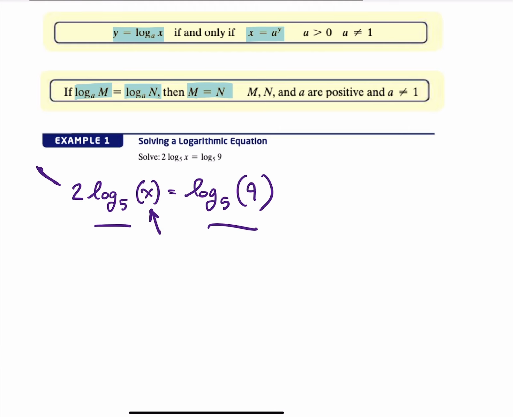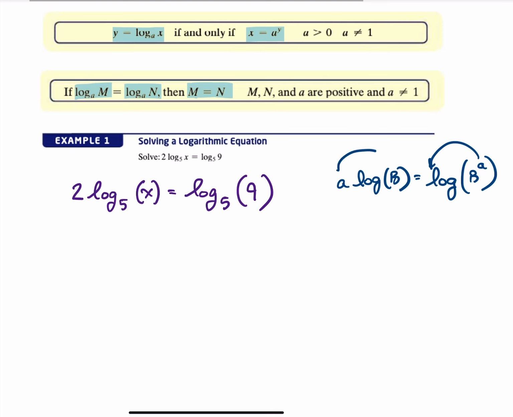First, I'd want to deal with this number in front. Remember that if we have a number in front of a logarithm, a times log of b, we can move it up inside the logarithm as an exponent, so b to the power a. And vice versa. This can go both ways. We can either move it outside or move it inside.